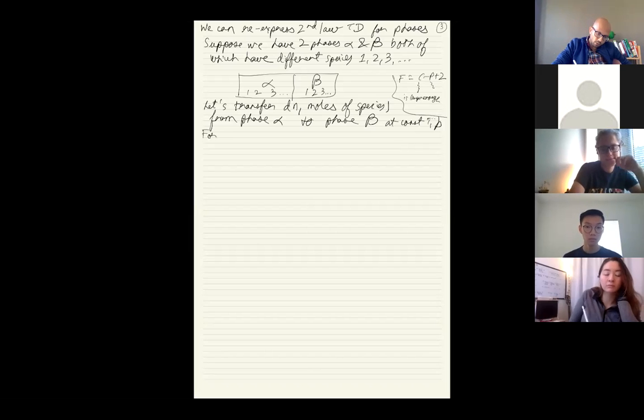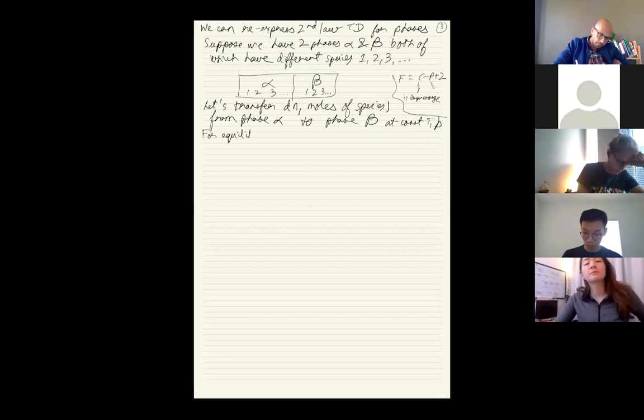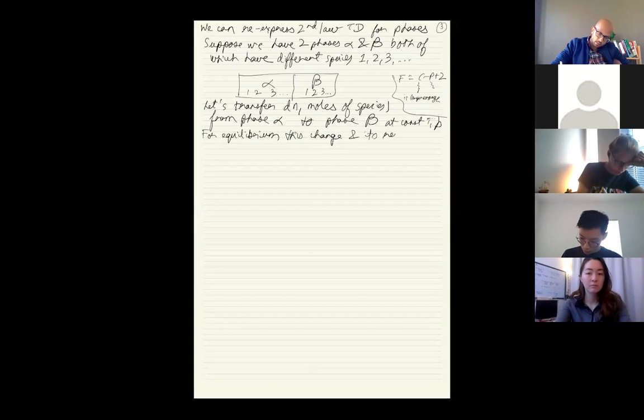In other words, for equilibrium, this change and its reverse both must be spontaneous, or dG should be equal to 0, right?